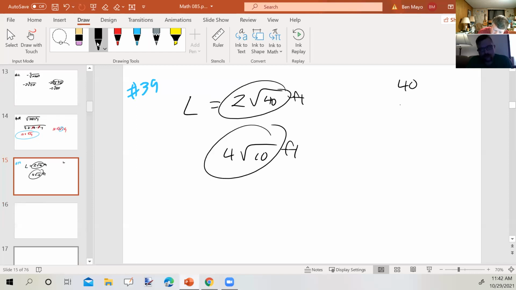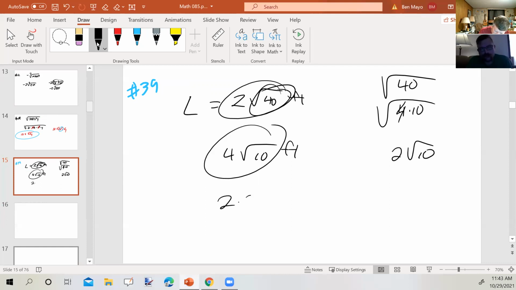Well, 40 is 4 times 10. So the square root of 40 is the square root of 4 times 10, which is 2 square roots of 10. So this would become 2 times 2 square roots of 10, and there's your 4, okay? So again, to that student, you were so close, just needed to keep going a little bit further to combine things. So there you go.